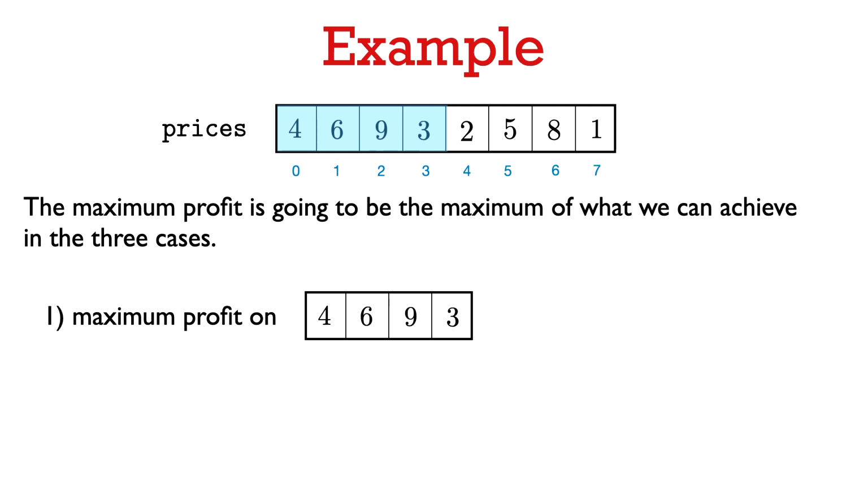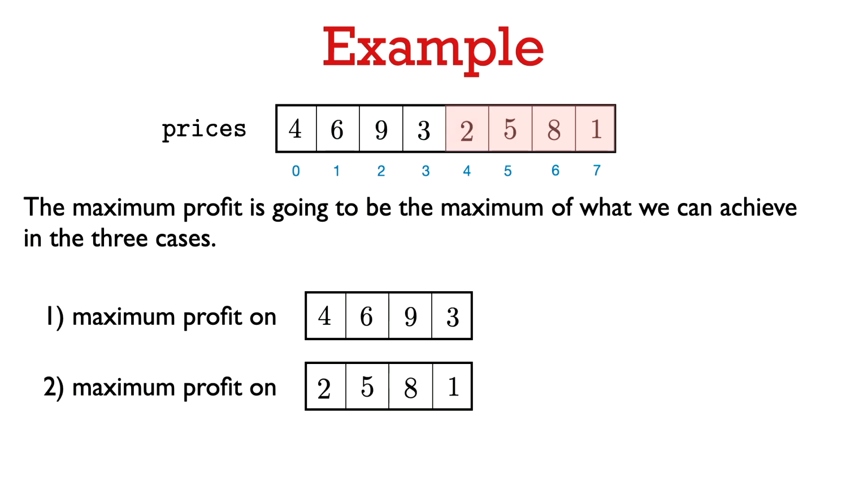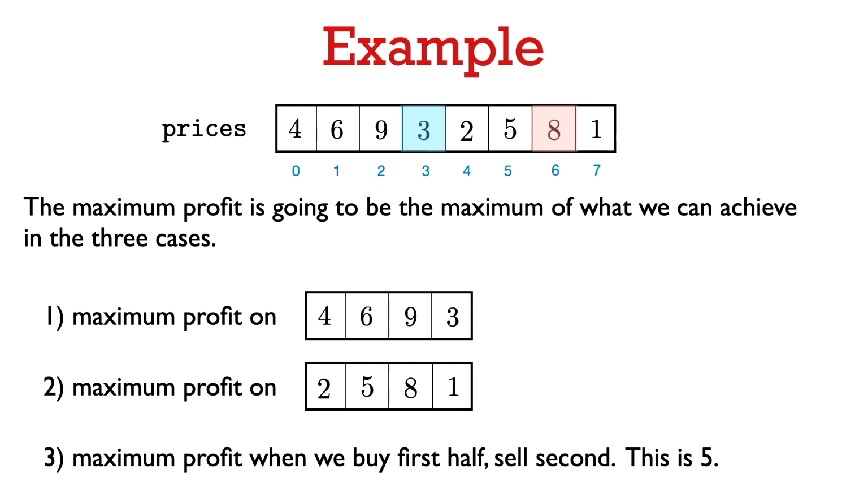The maximum achievable profit is going to be the maximum of the maximum achievable profit in our three cases. So again, in this case, that's going to be the maximum profit we can achieve on the first half of the array, the maximum profit we can achieve on the second half of the array, and the maximum profit when we buy in the first half and sell in the second half.